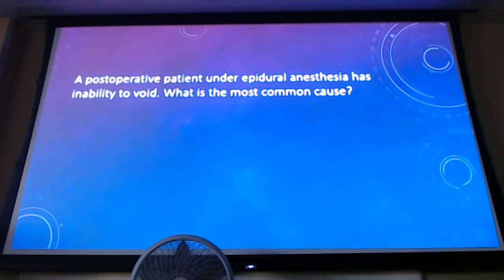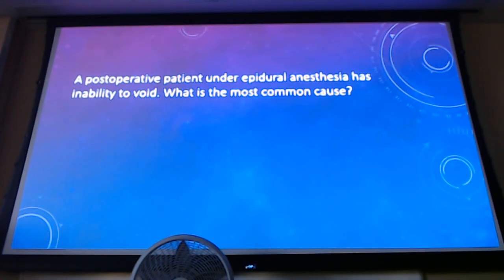Postoperative patient under epidural anesthesia has the inability to void. What's the most common cause? What do we do? Do you think that they're not peeing because they can't pee or because they have no pee? Probably can't pee, right? From something we did. So what did we do?